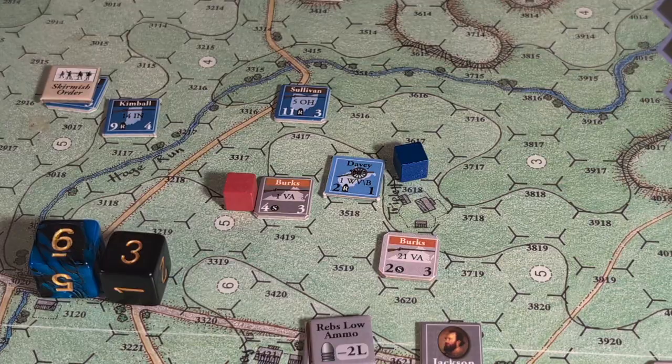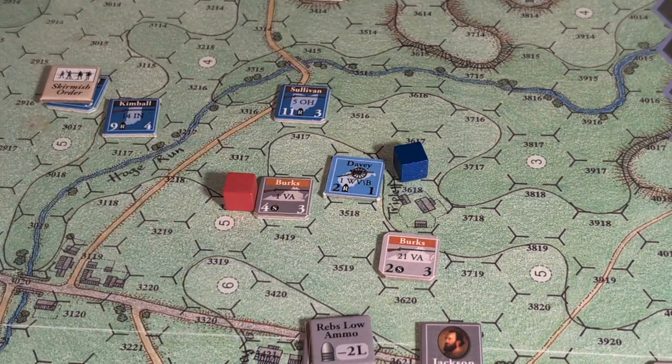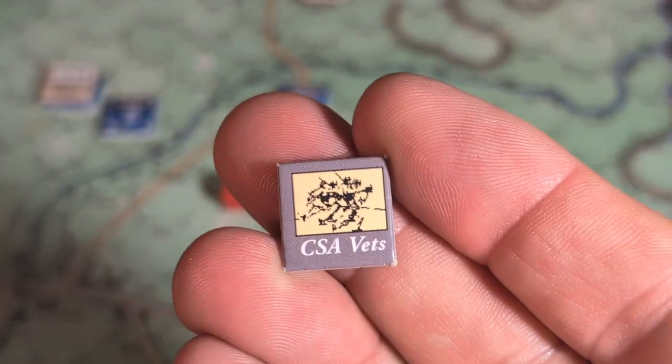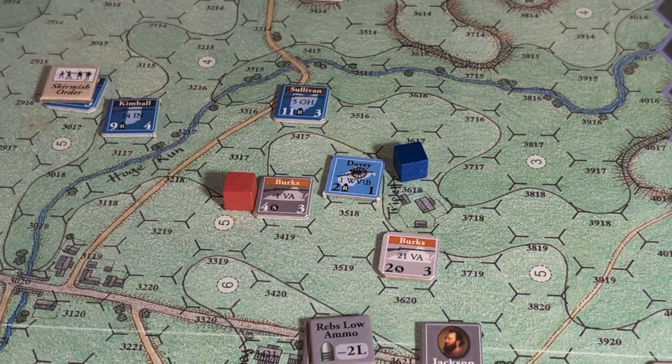Let's see. Okay, 50 plus SPs or artillery, that moves up 4 more. So we're at 2022. And I could have used this. Too late now.